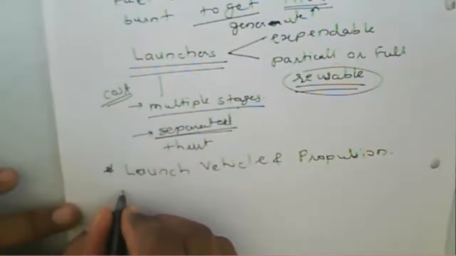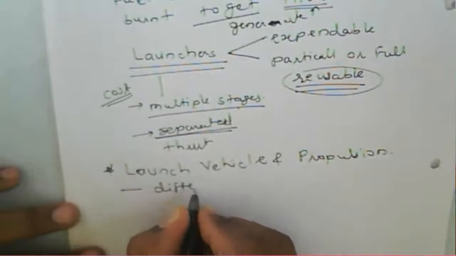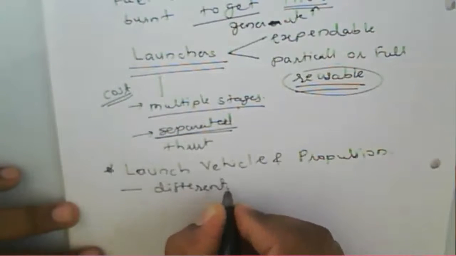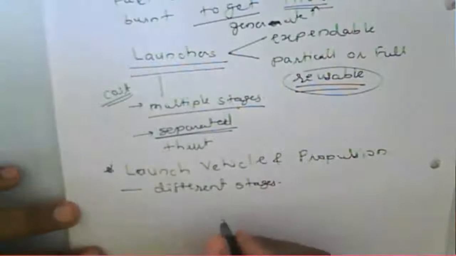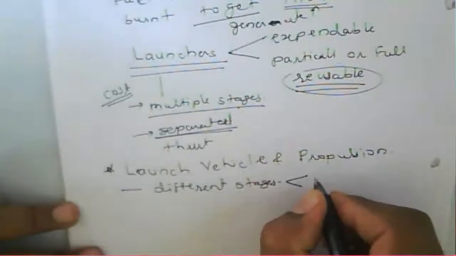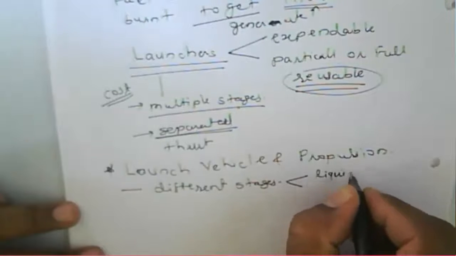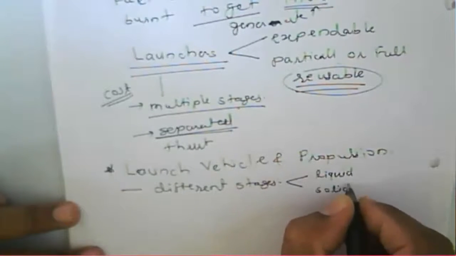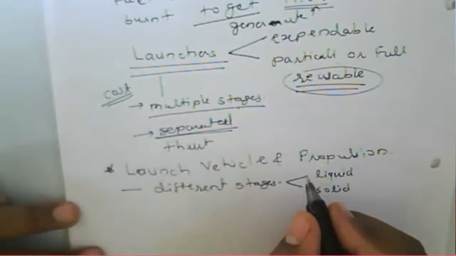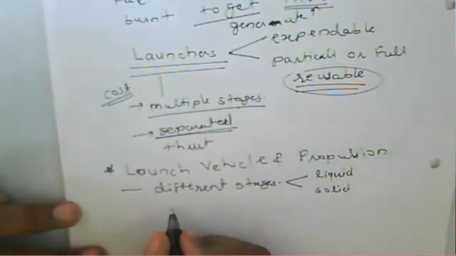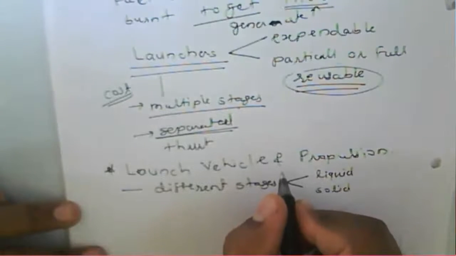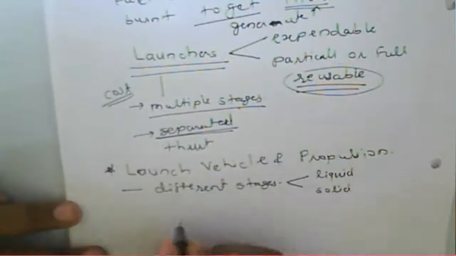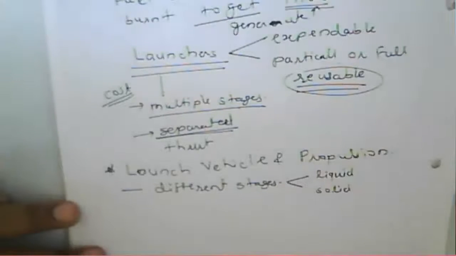Generally, each satellite launch vehicle has different stages, and different stages are used because each stage has fuel in the form of a liquid or a solid, or it can be a mixture of these. Along with this launch vehicle, the satellite payload is also with them. We have that particular carrying unit with them.